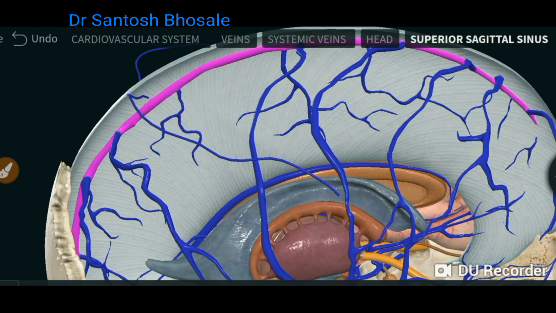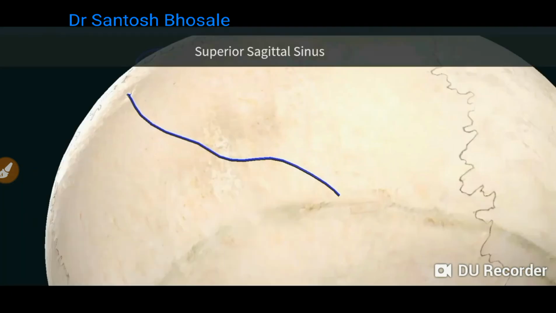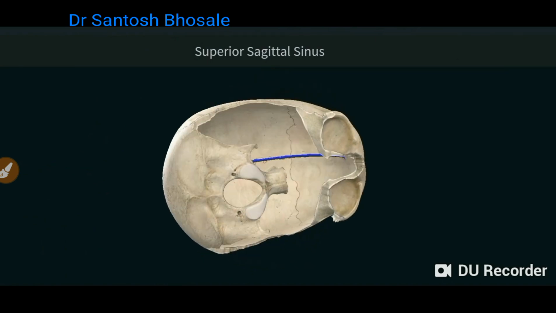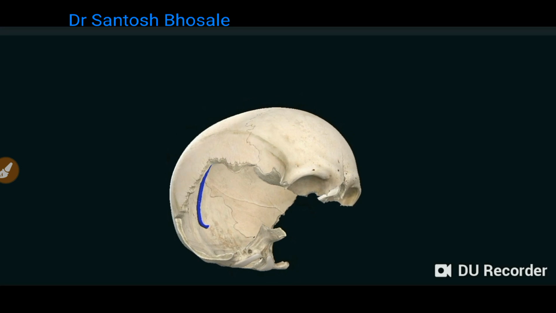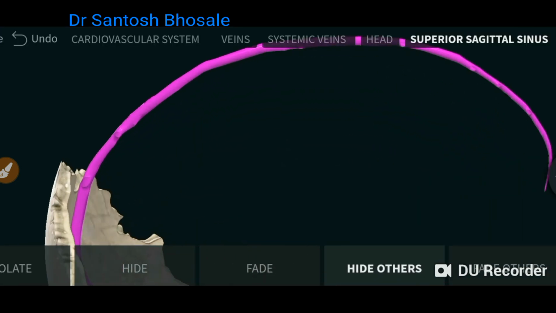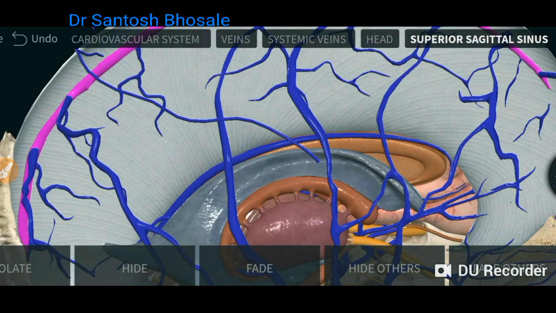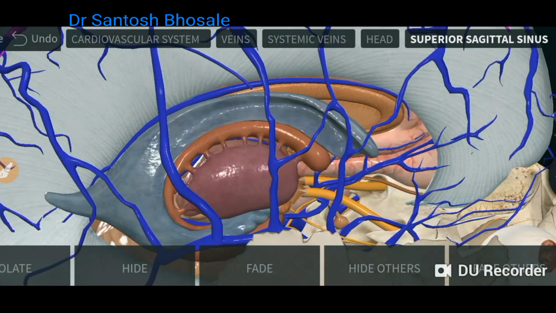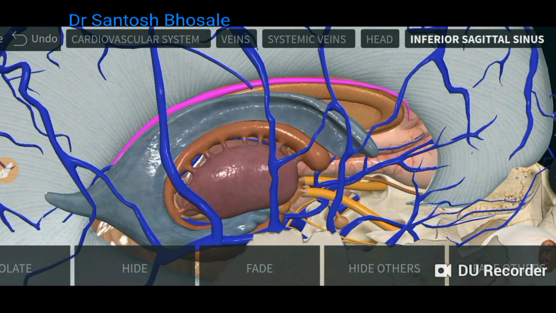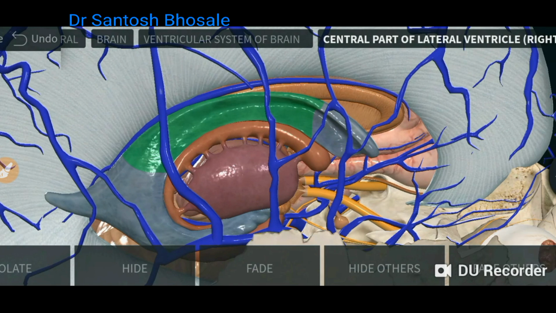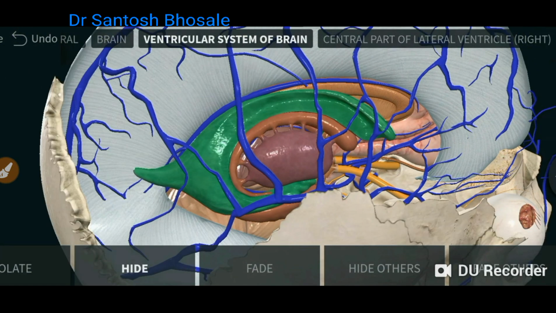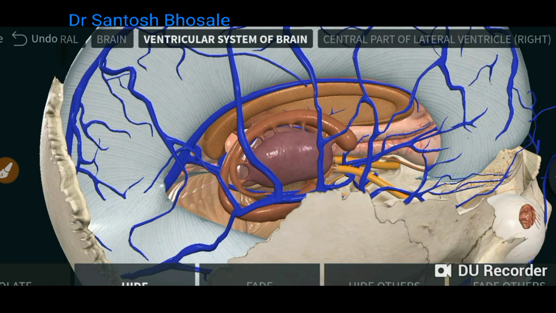and terminates into the straight sinus. That is the superior sagittal, along the convex attached margin of the falx cerebri, and here you can see how it lies in the midline along the sagittal plane, whereas this is the inferior sagittal, lying along the lower free border of the falx cerebri, and it drains the medial surface of the cerebrum, and along with the vein of Galen, it drains into the straight sinus.